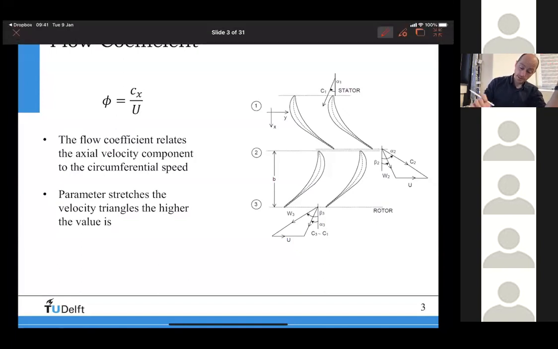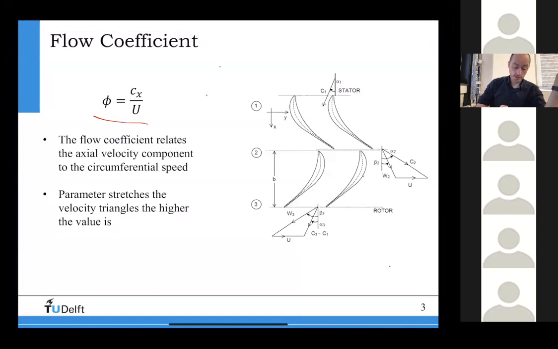So we have three design parameters, right? The first one was the flow coefficient, which is defined as the axial velocity through the machine divided by the blade speed. Where you define the blade speed is left open here, so you can decide what kind of U you take.